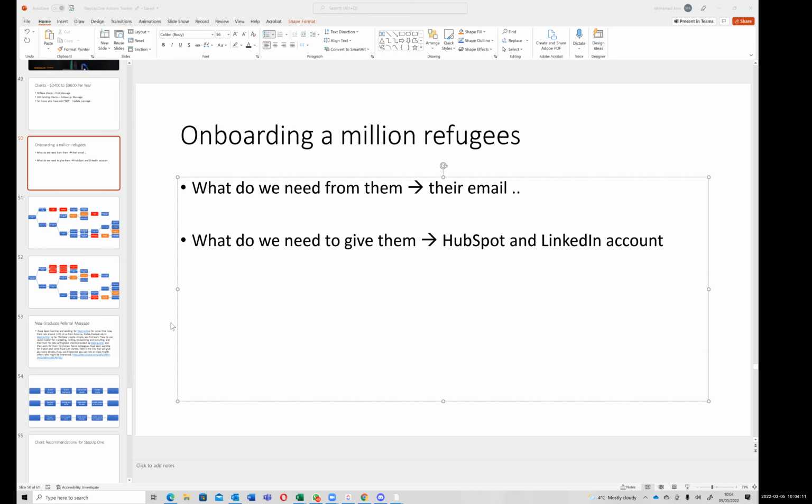Yet if I bring a graduate in, I should make sure that first I help this graduate create his LinkedIn identity, and therefore I'm able to refer him to the onboarding team to create an email for him. Though we have said we are no longer in need of that, we can shift to the HubSpot part of it.